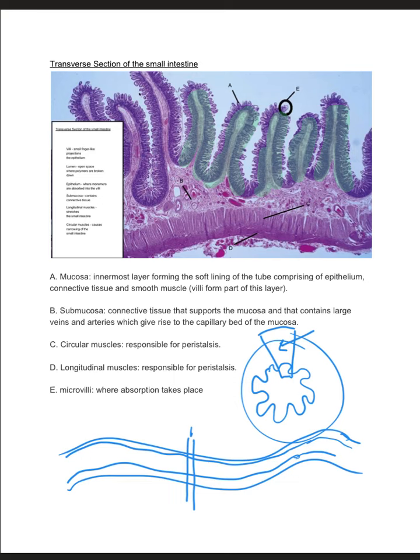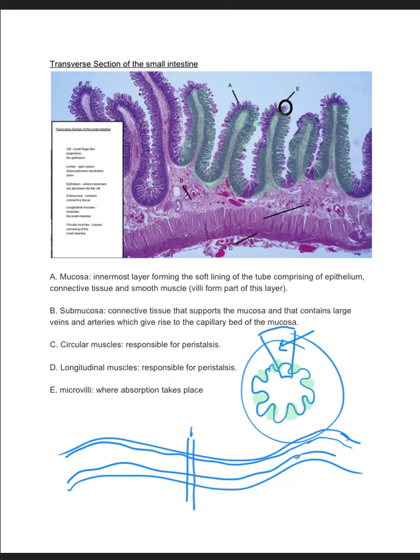And then the equivalent down here is there. Obviously, these are a lot smaller. They're microscopic, but you get the idea. So this is where absorption takes place.